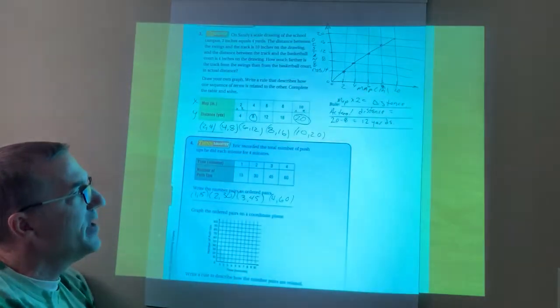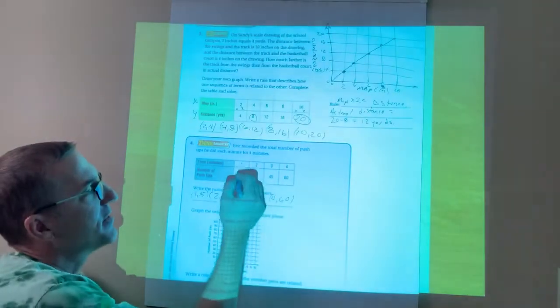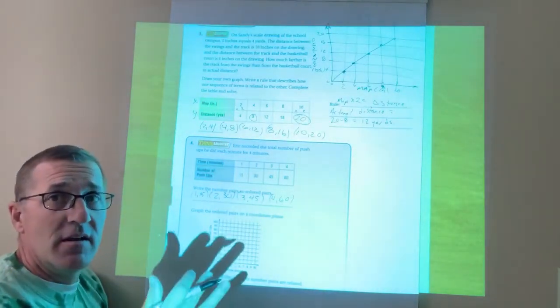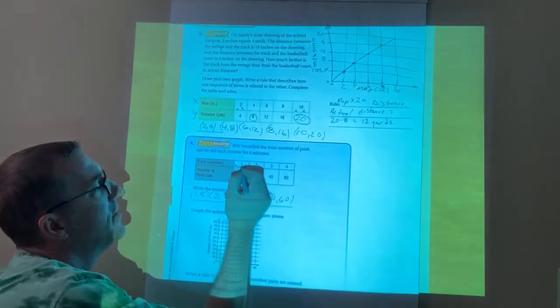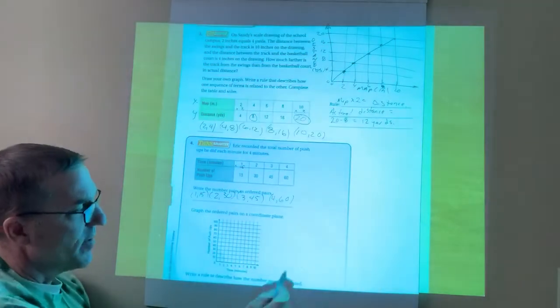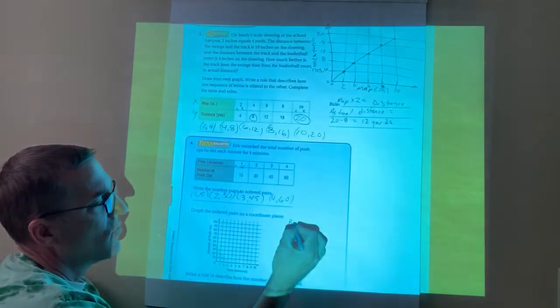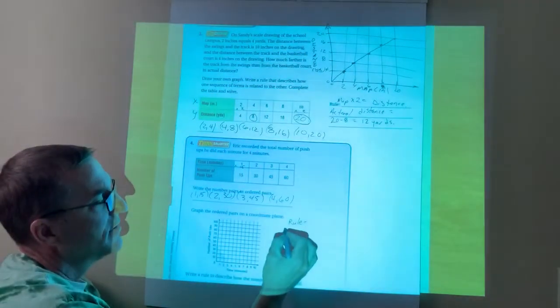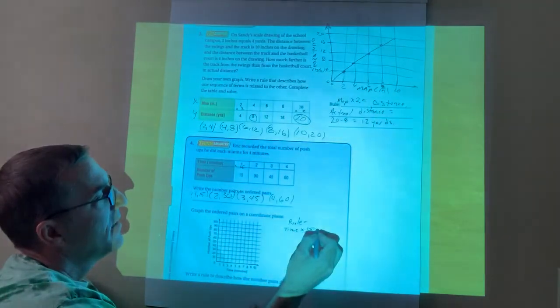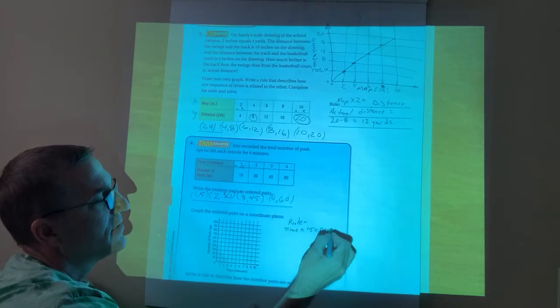What's my rule gonna be? Well, I just look here at the small numbers. It's 1, so that makes it easy. What do I multiply 1 by to get 15? 15. So my rule is times 15. I'm gonna write it over here. Rule equals time times 15 equals push-ups.